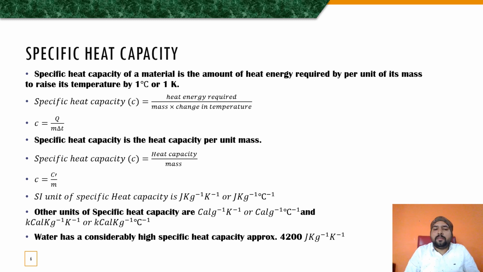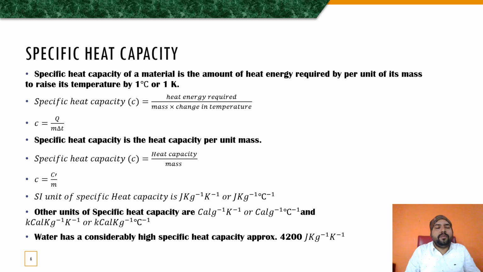Water has a considerably high specific heat capacity, approximately 4200 joule per kilogram per Kelvin, which we had already talked about when discussing the definition of calorie. That means water can act as a good coolant.